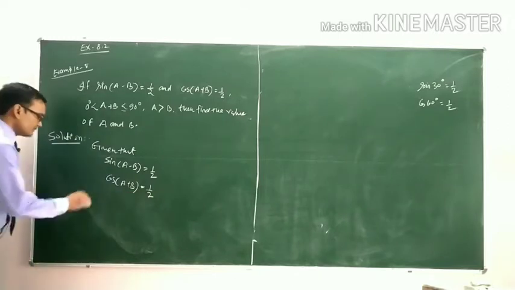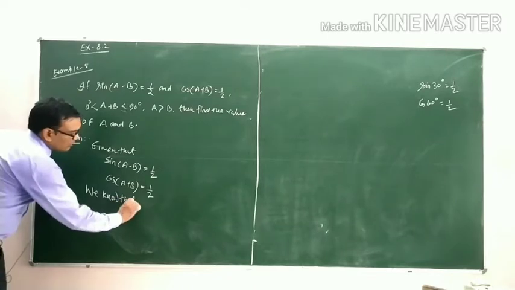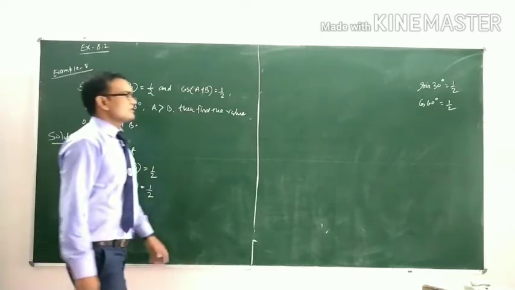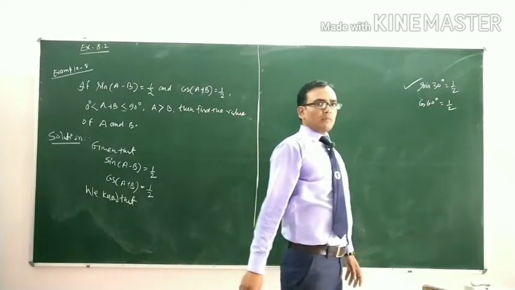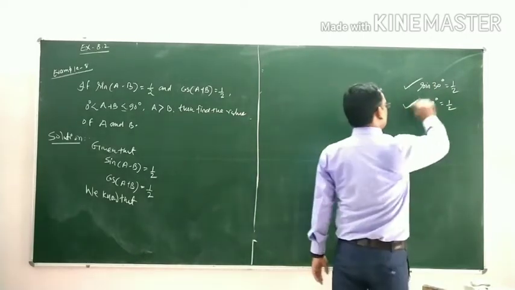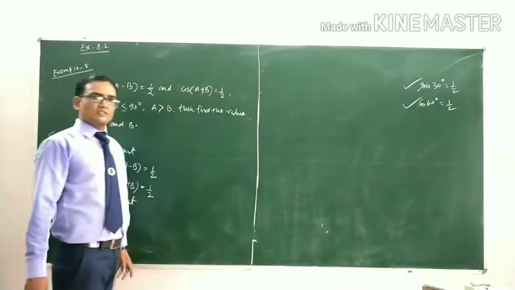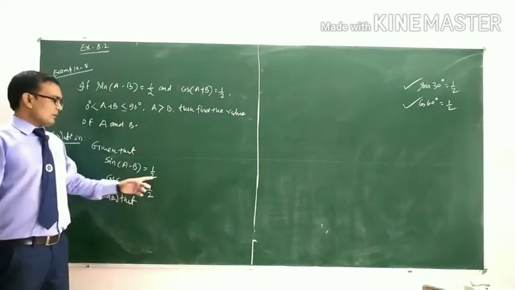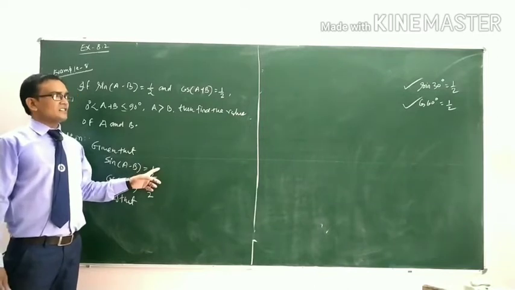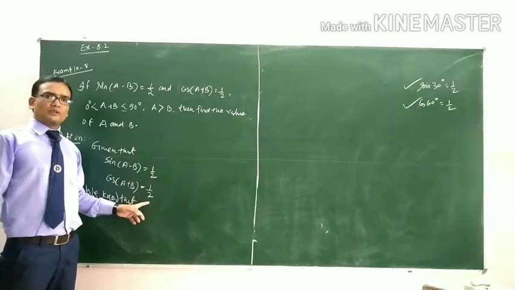We know that sin 30 is 1 by 2 and cos 60 is 1 by 2. That means we can write 1 by 2 as sin 30 and here 1 by 2 as cos 60. Why?